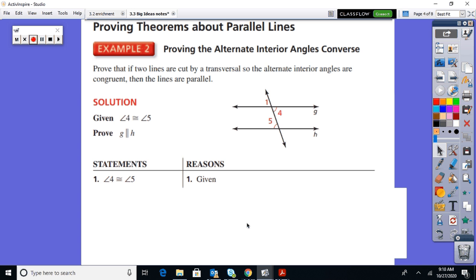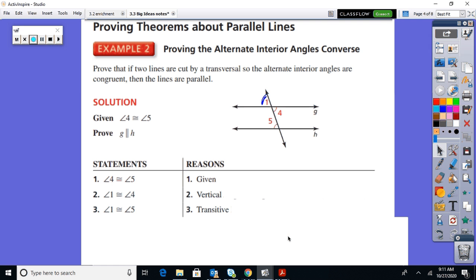The given information. And then now brainstorming this, they kind of helped you out here with the angle 1. So we know that 1 and 4 are congruent because they're vertical. So we're going to go with that next. And now if 4 is 5 and 1 is 4, then you know that the transitive property is coming. 1 is 5.